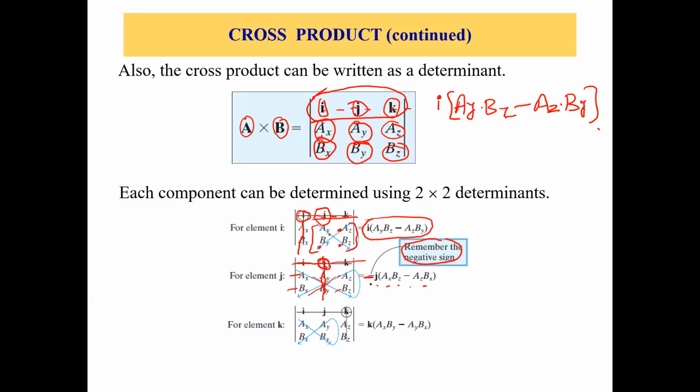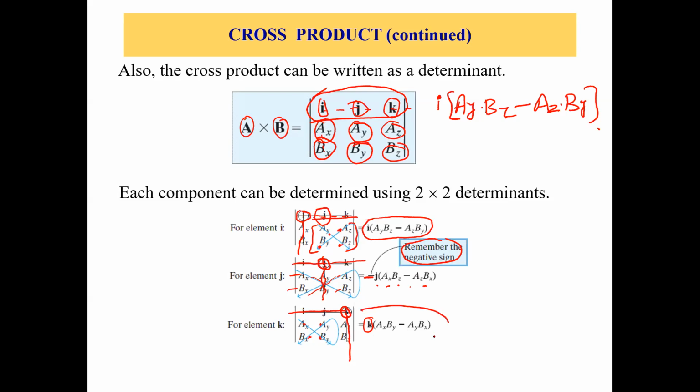Now let's come to the k component. We are taking this k component, and this row and column are gone. So it will be k times this guy times this guy minus this guy times this guy: Ax times By minus Ay times Bx.